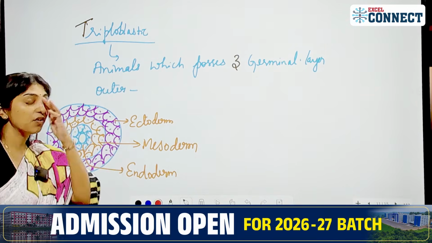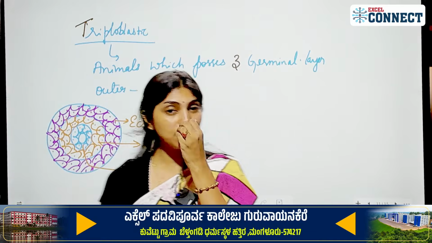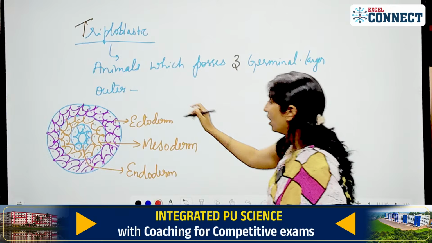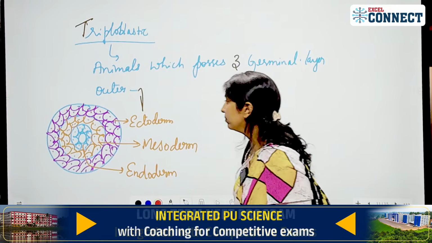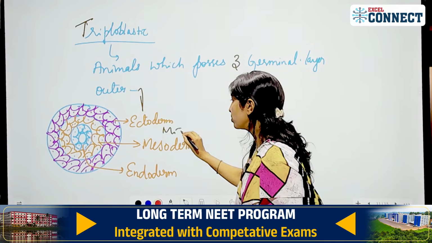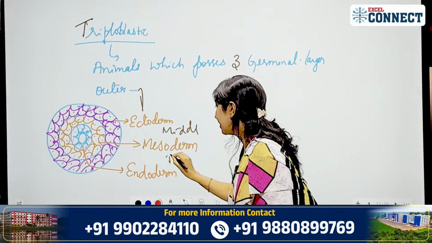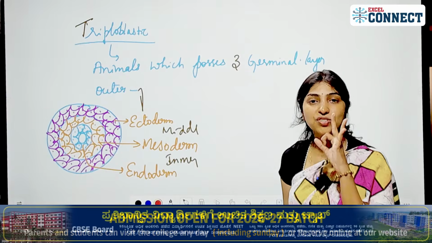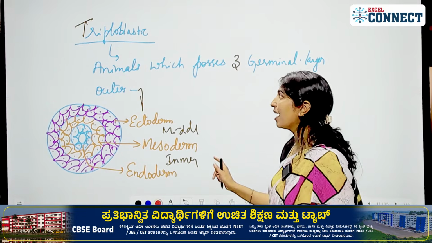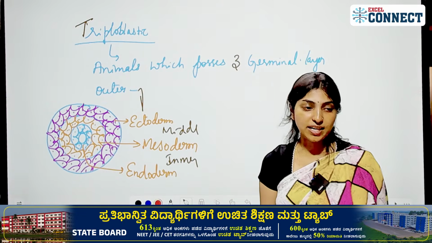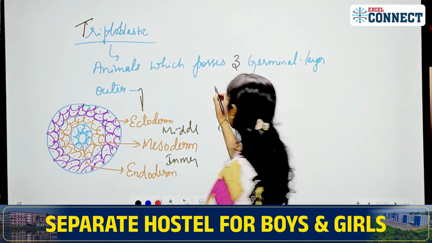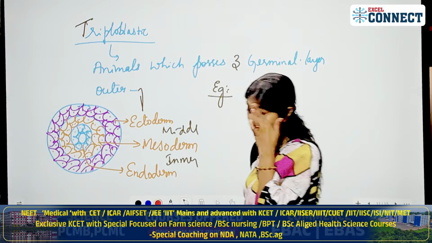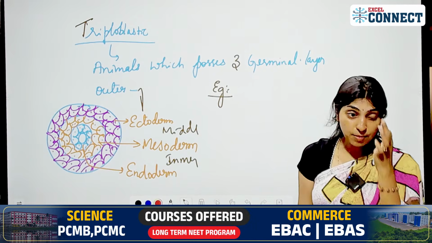So tell me how you can define the triploblastic animals. The animals which possess the 3 germinal layers, outer ectoderm, middle mesoderm, and inner endoderm. If they have all these 3 layers, then you call them triploblastic animals. Examples for triploblastic, there are a number of examples. The easy ones which you can remember, I'll let you know.